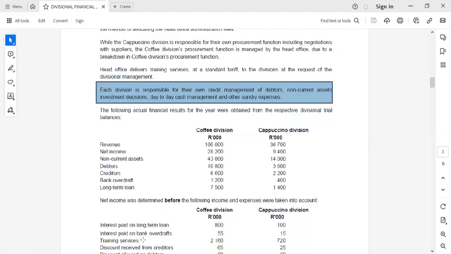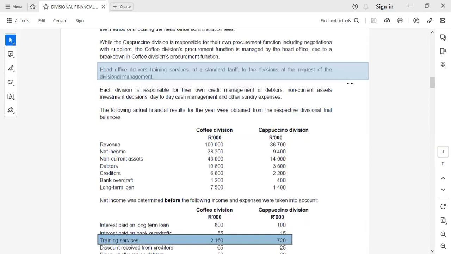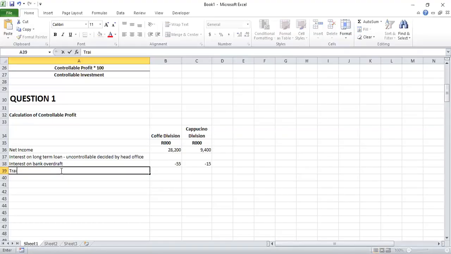Then we've got training services. This is a controllable cost because although this training is offered by head office, it's the division that requests it. Since the divisions are requesting, this is a controllable cost. Regardless of the fact that the tariff is set by head office, they request the training.